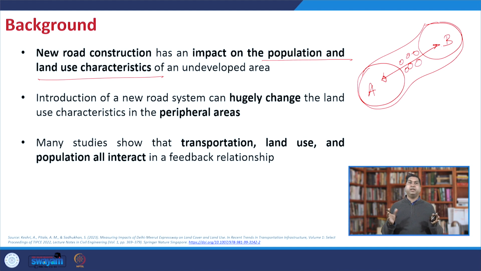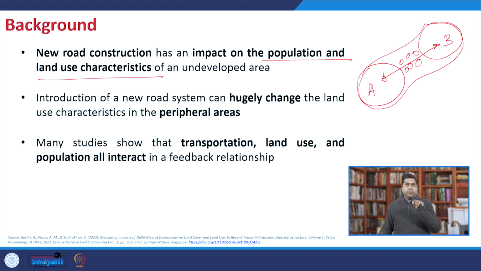Built up is something where you have some building component, right? And non built up is if you remove the built up area from a particular region, whatever is the subtraction, that is your non built.